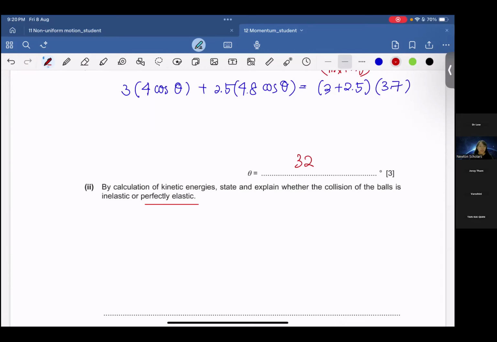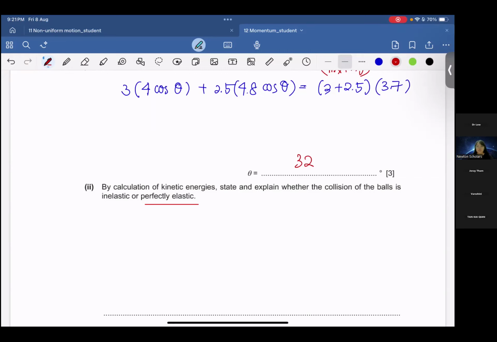So here, kinetic energy is a scalar quantity. No need to consider the angle anymore. Just use the mass, use the speed. That's all. Do the calculation before collision, total up. After collision, total up. Compare. If they are inelastic, what happened to their kinetic energy? If they are perfectly elastic, what happened to their kinetic energy?